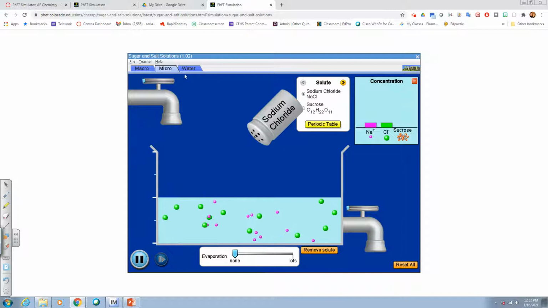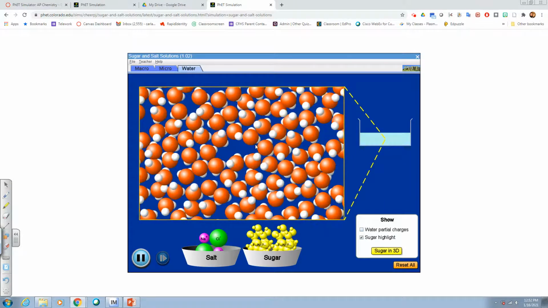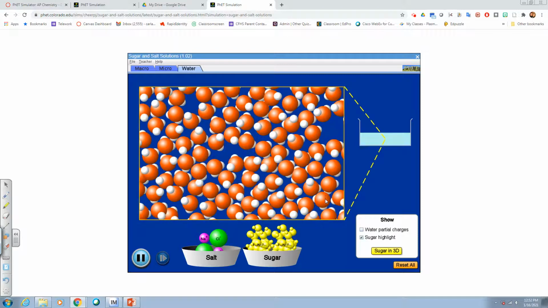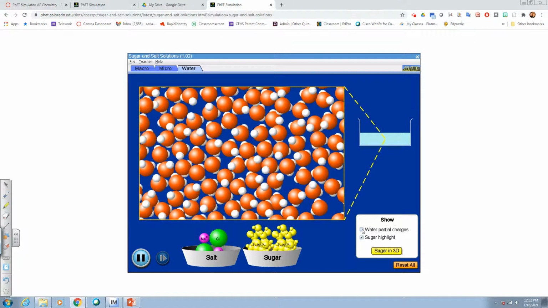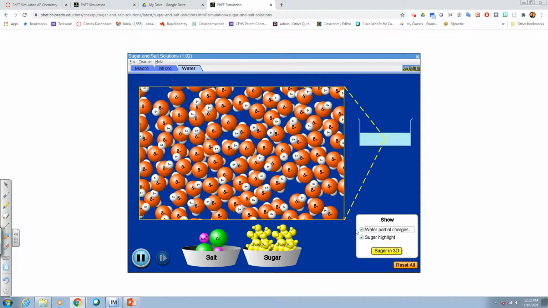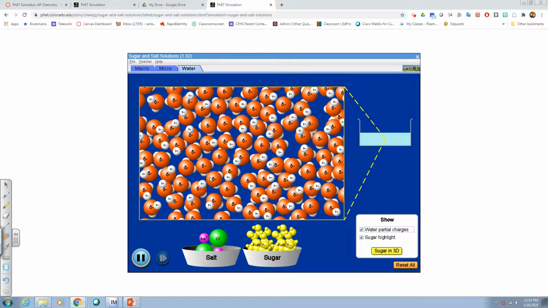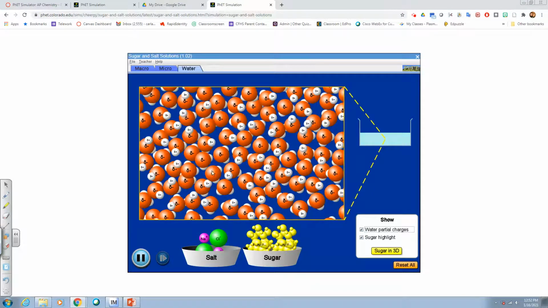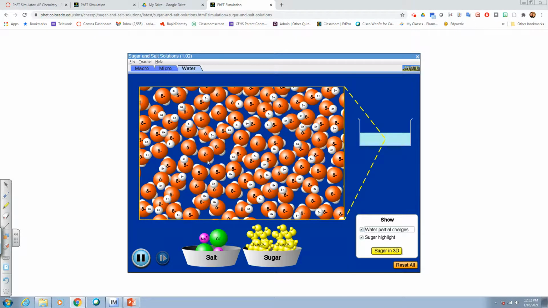All right, so now let's look at it on the really magnified level from the water molecule standpoint. I want to highlight here the partial charges of water as well. I'm going to click on that, and you'll notice that the red oxygens have a partially negative charge, and water, recall from molecular structure, is a bent molecule.